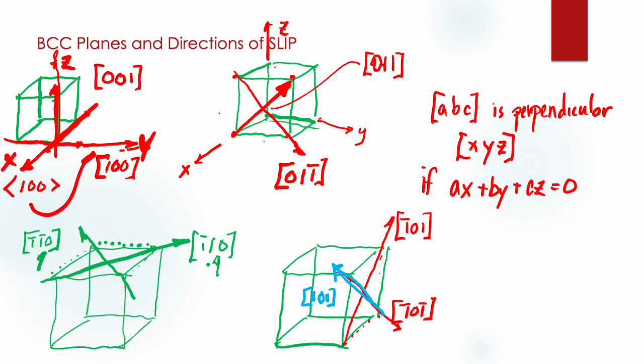And that, with that dot product, or multiplying each index, ax plus by plus cz, for those two, would be 1 plus -1 plus 0 times 0 plus 1 times 1. It would also be 0. Okay?